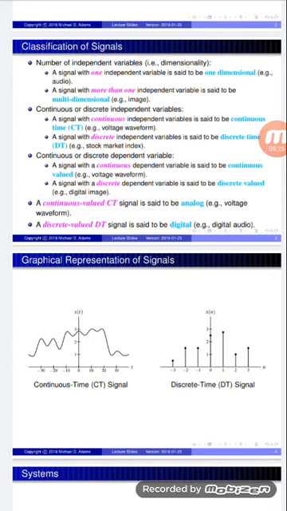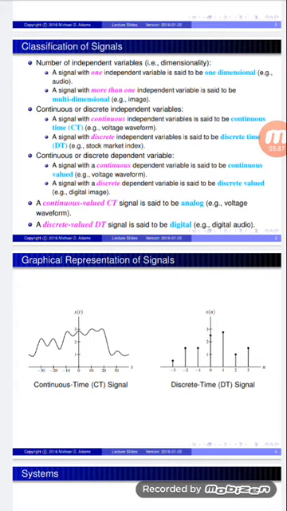A signal with discrete independent variables is said to be a discrete time (DT) signal, for example a stock market index.